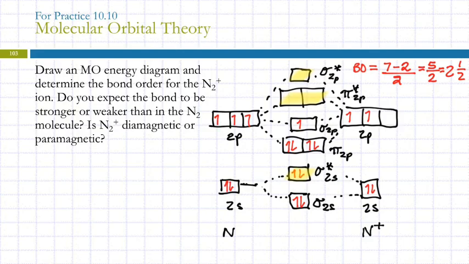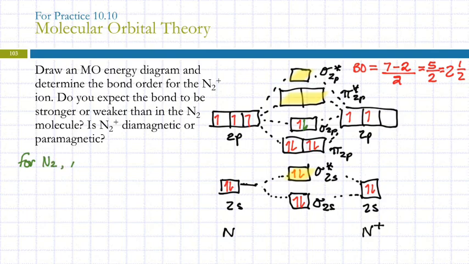What is the bond order for the nitrogen molecule? Well, the nitrogen molecule would have 1 more electron, right? We have 1 more electron in there. So for N2, let's do it over here where I have some more room.